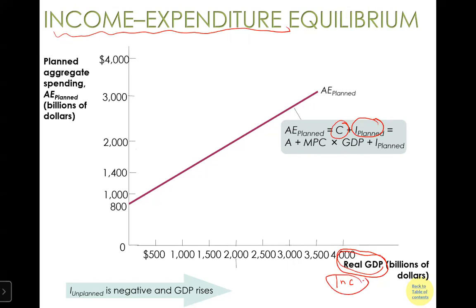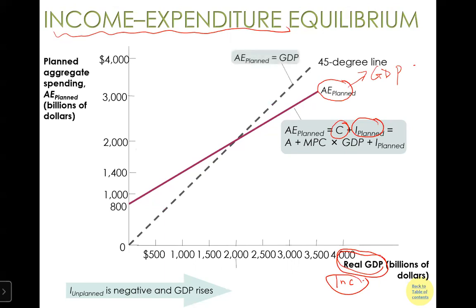We add them together, that's going to give you the aggregate expenditure. But this aggregate expenditure is going to give us the GDP. Then we look at a particular point, where the 45-degree line crosses this aggregate expenditure line.